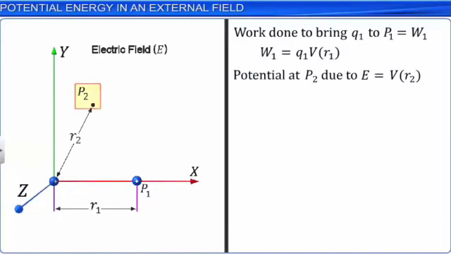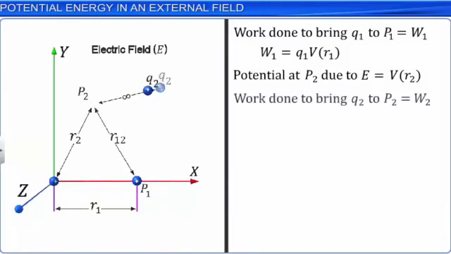Let the distance between points P1 and P2 be R12. Let us bring another charge, Q2, from infinity to the point P2 in the electric field, and let the work done in this process be W2. Hence, work done to move the charge Q2 from infinity to the point P2 is Q2 into V of R2.